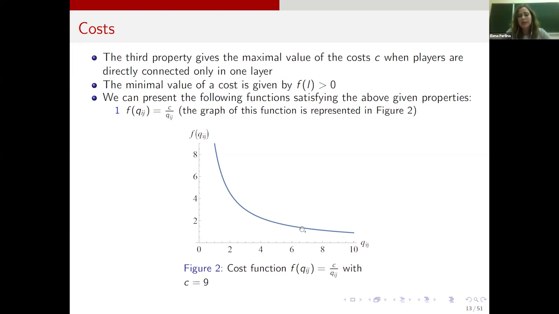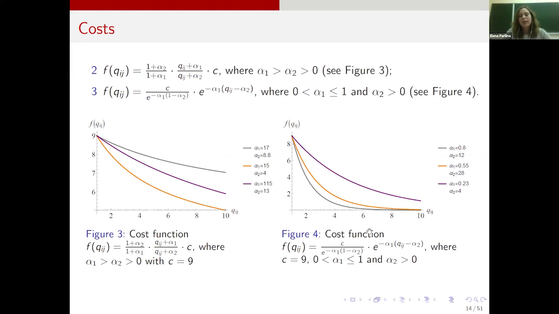So this is a representation of this cost function, for example, if C is equal to 9. And we have a more complicated form of this function in functions 2 and 3, represented in figures 3 and 4.